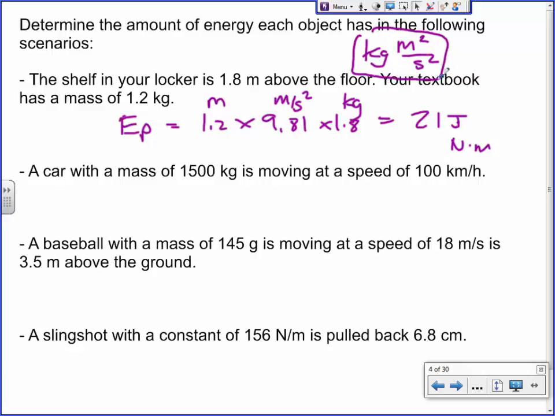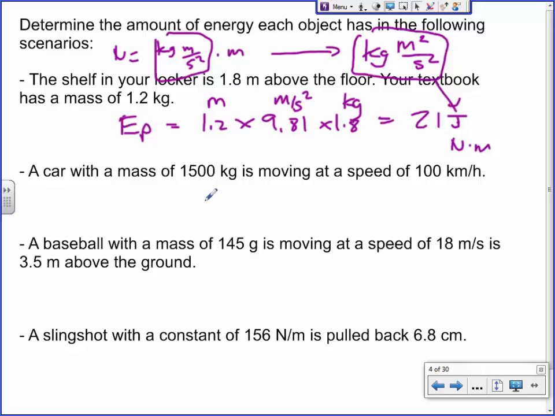You either write it as a joule, or if you pull a meter out of it, it's a Newton meter. Because a Newton, if you guys remember, is a kilogram meter per second squared. So if you times it by a meter, hopefully you can see how you have the extra square on the meters there. I don't care what units you use, but make sure you're aware of both.